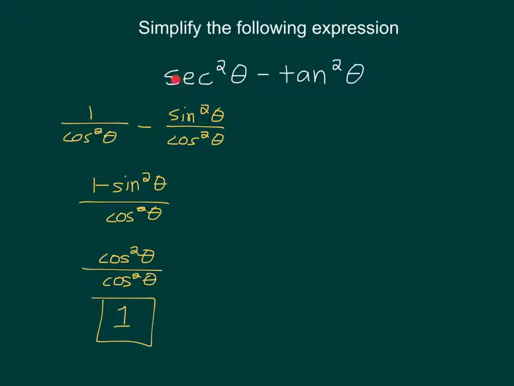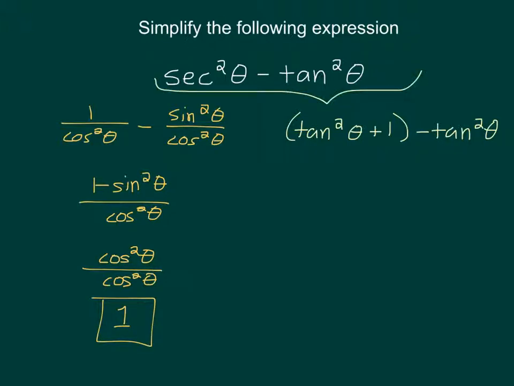If you remember the identity from earlier, secant squared theta is tangent squared theta plus 1. Secant squared theta, from earlier, we had an identity saying it's tangent squared theta plus 1.